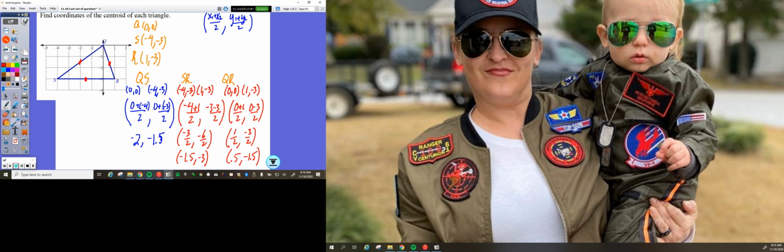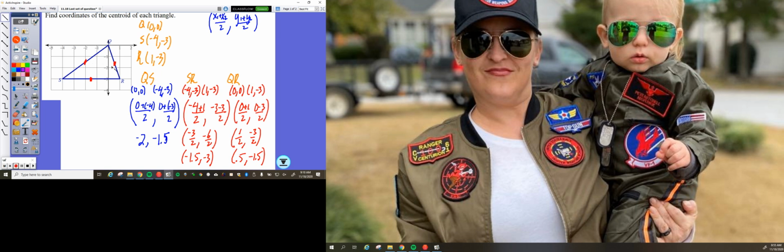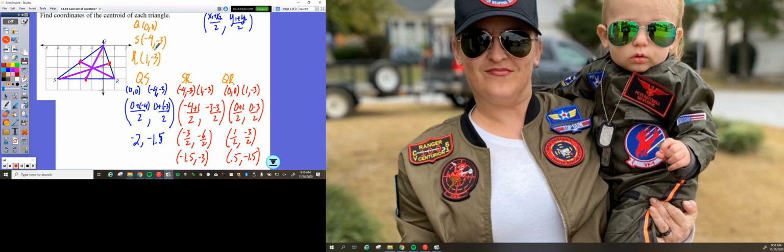And so at that point now, I'm just connecting these. So we connect the midpoint to the opposite vertex, the midpoint to the opposite vertex. So we should see that for this problem, the centroid is located at -1, -2.